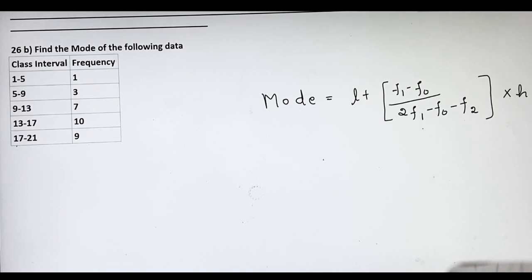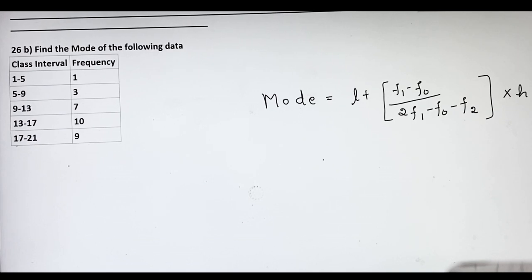So this is the mode formula. Now to find the mode we need to have this data, that is f1, f2, l, h and f0. So how do we find it?